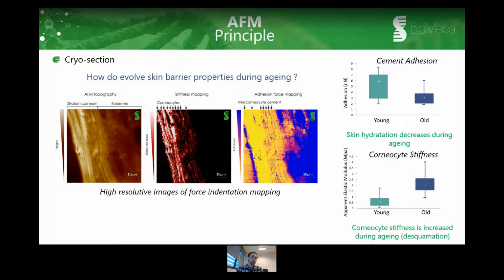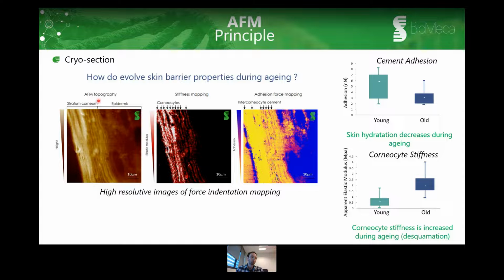As you can see on the first image, the topographic image, we can see both epidermis and the stratum corneum, which is composed of different layers. The second image corresponds to the stiffness of the sample, and these images show a stiff structure, which are the corneocytes.